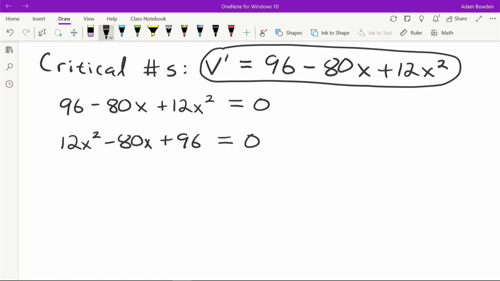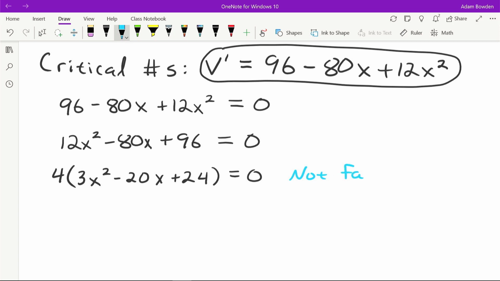Now there is a GCF across all numbers. There's a GCF of 4. We could factor out the 4 and write it as 3x squared minus 20x plus 24 equal to 0. Now, frustratingly here, this is actually not factorable. If you try to go through and factor it, it's just not going to work.